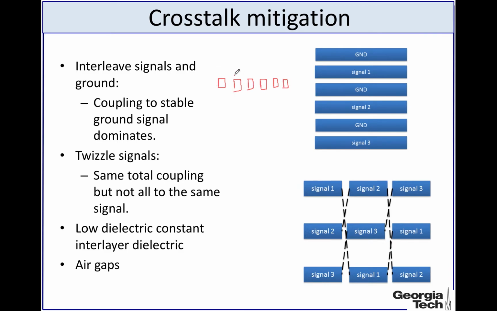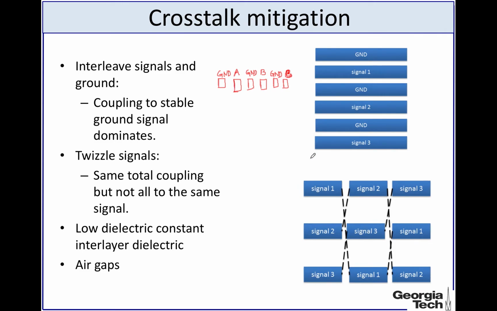Say this is your metal A. Now rather than putting a second signal carrying line just next to it, you will put it slightly away like this, and in between you will put a ground line. In that way you will be able to reduce the crosstalk between A and B. And similarly, say you have a ground plane here and another signal carrying line C over here. So by interleaving ground and the signal lines, you can mitigate the crosstalk to some extent.